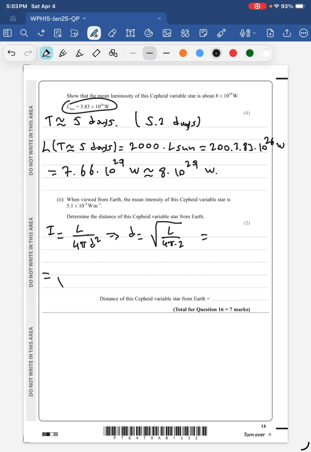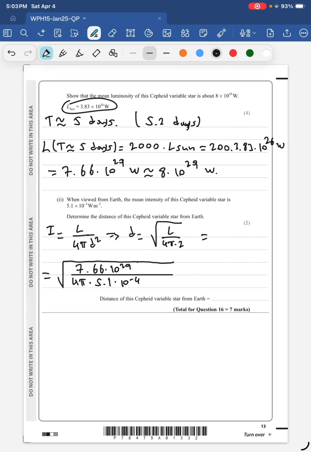So if we plug in the numbers they give us, and the number we calculated, the luminosity was calculated to be 7.66 times 10 to the 29, and then we have 4 pi, and then I is 5.1 times 10 to the negative 4, and the units are under the square root, okay?